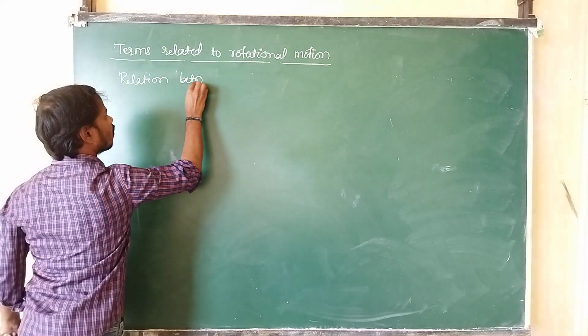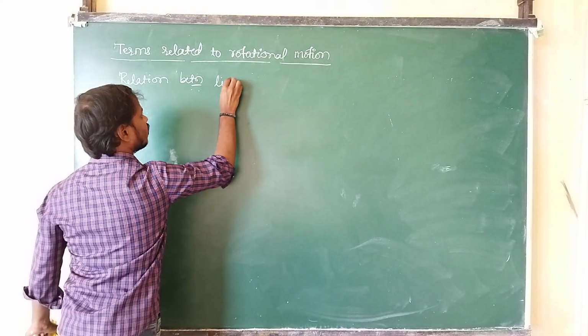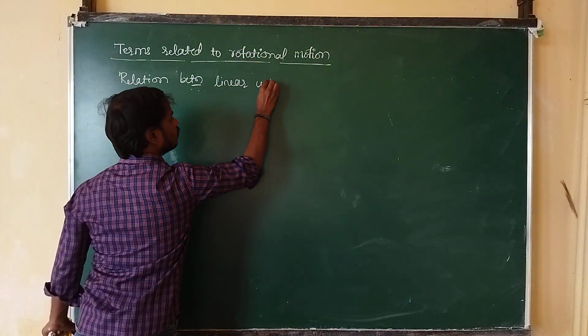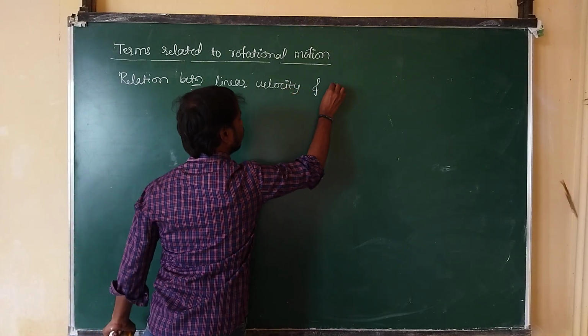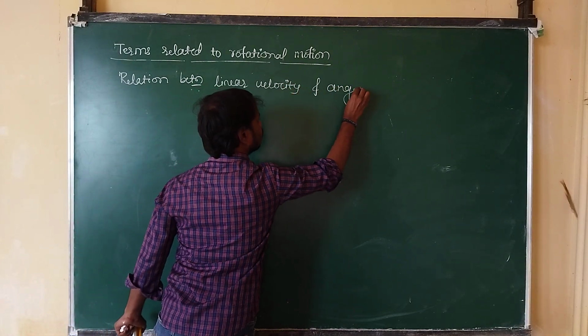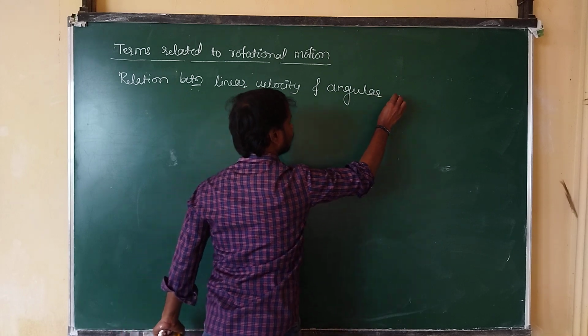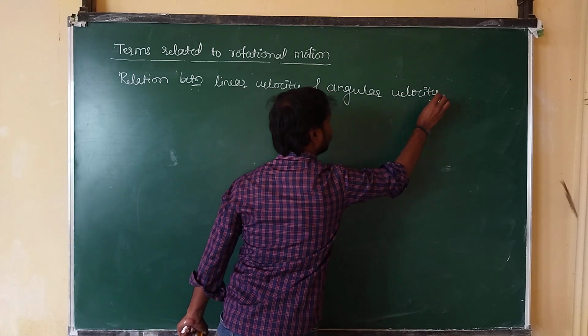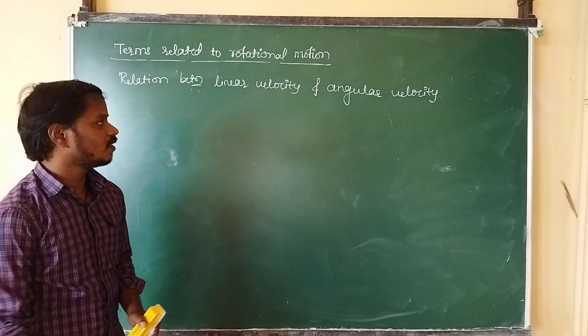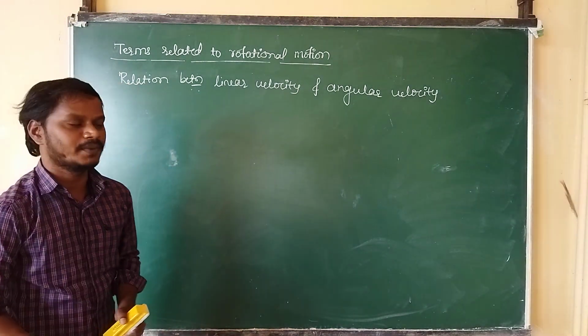Linear velocity can be represented by v, and angular velocity can be represented by omega.